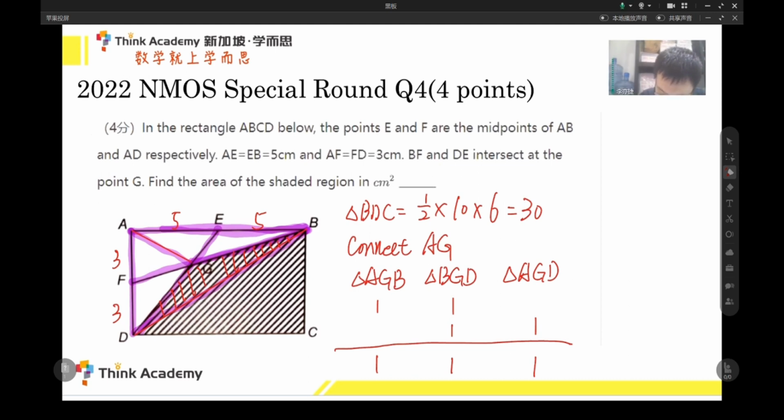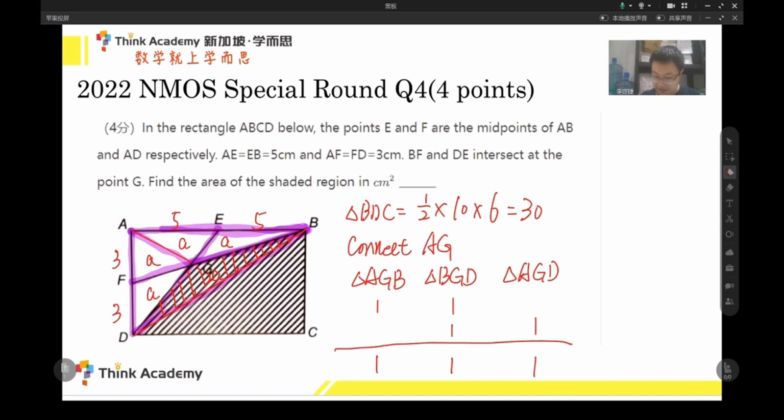Now let's say AEG is A here, right? Then AGB is 2A, BGD is 2A as well, and AGD is 2A. So GFD is also A, right?